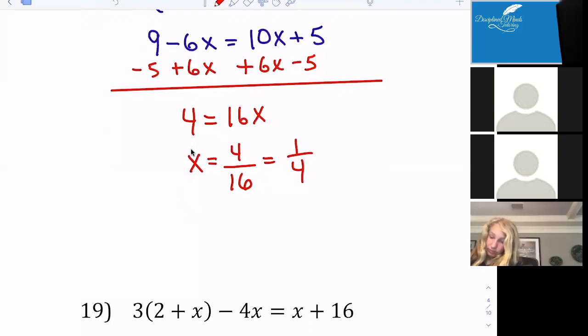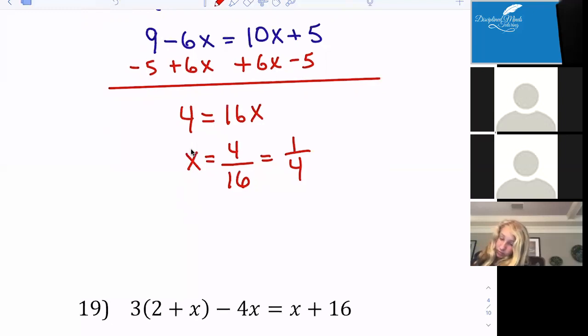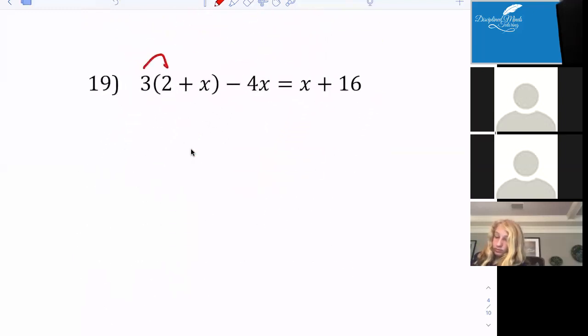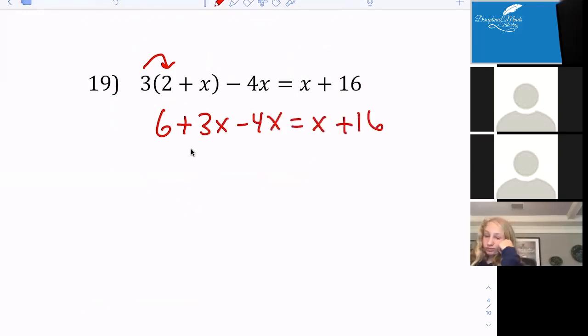Okay, Reagan, let me hear you, kiddo. All right. Number 19, go. Right, so what's that? Good job, kiddo. Now what? That's right. What is 3x minus 4x?